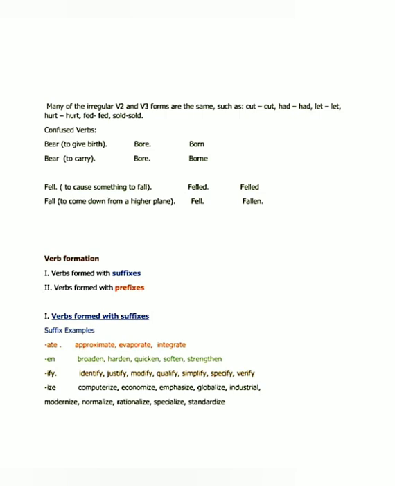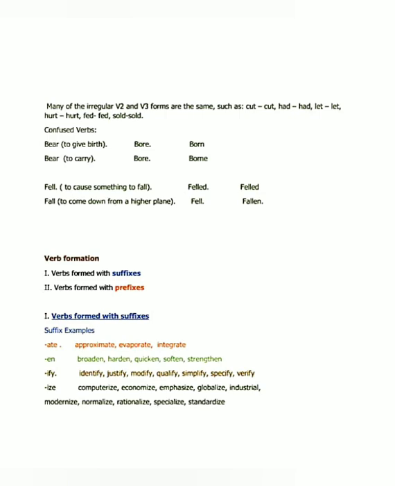So the first one, bear, is to give birth. Its past form will be bore, B-O-R-E, and its past participle will be born, B-O-R-N. And another bear means to carry. Its past form will be bore, B-O-R-E, and the past participle will be borne, B-O-R-N-E.